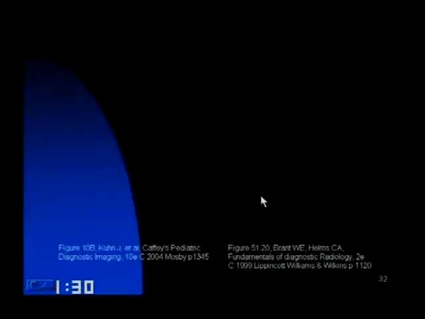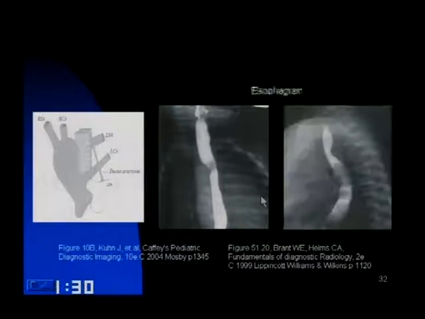Next case, the drawing here on the left, the findings on the barium esophagram on the right, impression from the inferior right to the superior left, although the patient is slightly oblique, but it's still going to be inferior right to superior left. The posterior impression upon the esophagus.